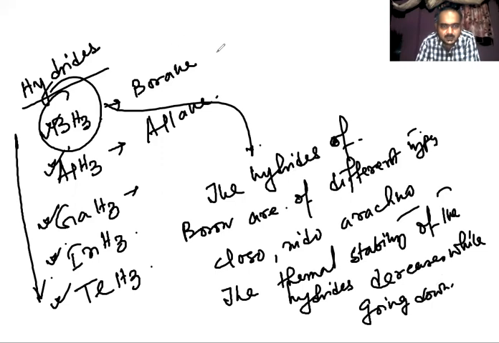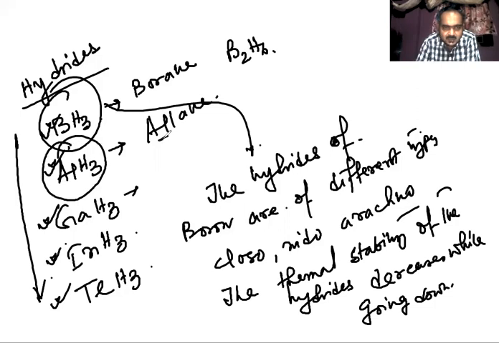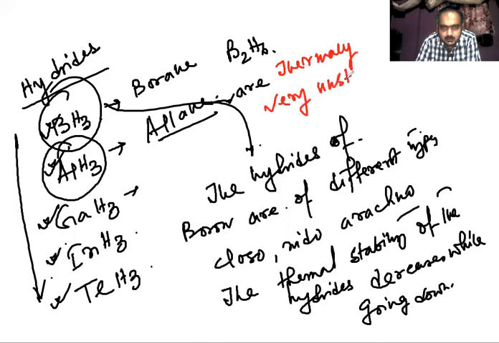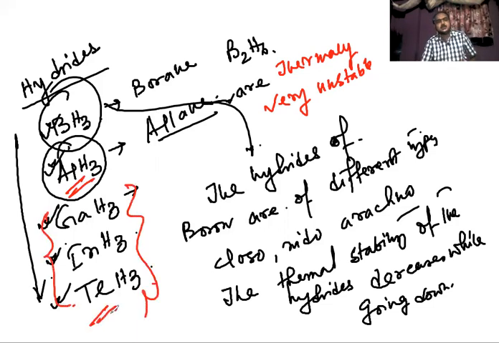You can find diborane as B2H6, not BH3. But aluminium hydrides, alanes, are thermally very unstable. It is very difficult to find them. The chemistry of these types of hydrides is very complex in nature.